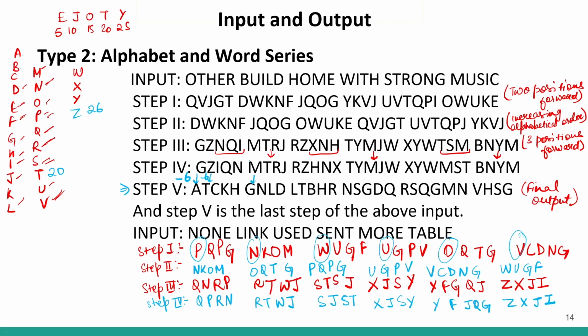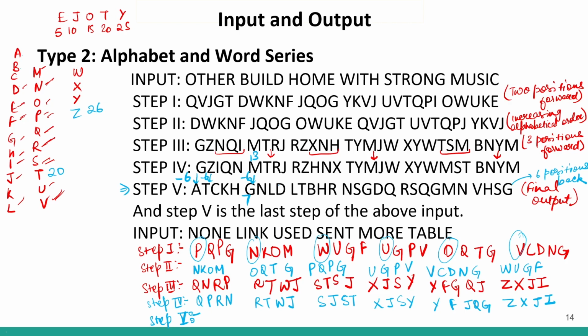Similarly, from M to G, M is 13, G is 7. This is minus 6. Correct? So, basically, we are moving 6 positions backward in step 5. So, based on this, can we calculate step 5? Yes, we just have to move 6 positions back in each step.